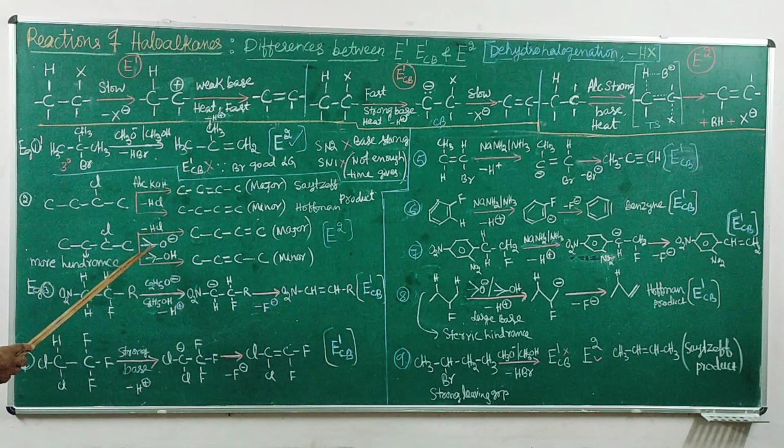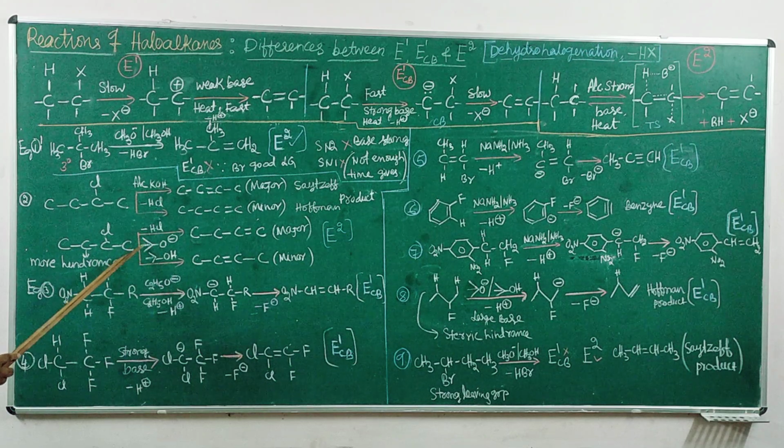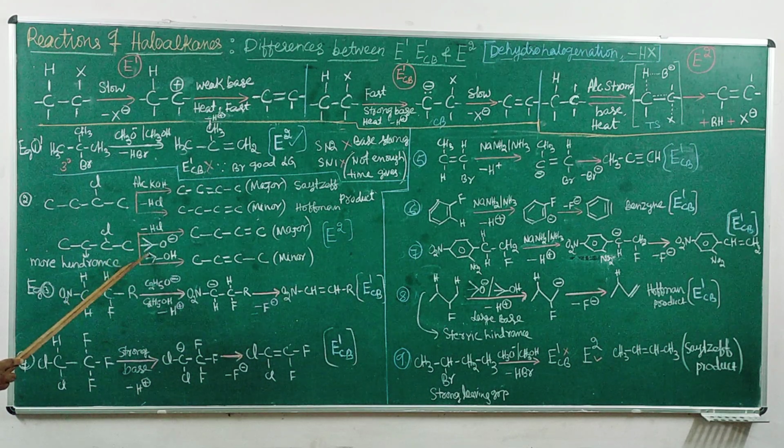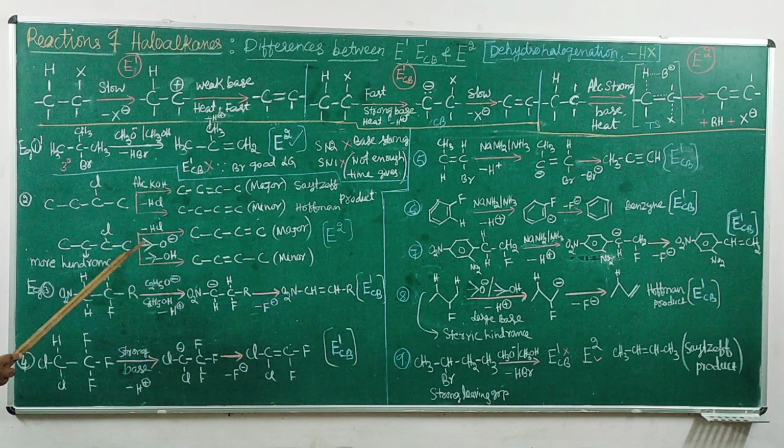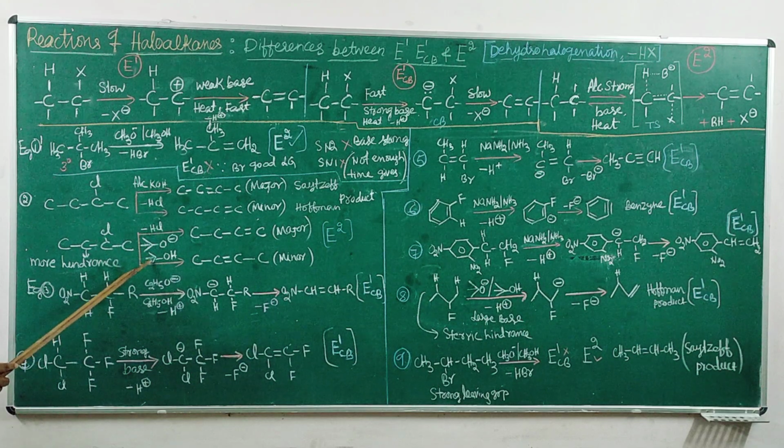Now if the base is this, look, the base is more crowded, that is more steric, a bulky group containing a large base. So here no bulky group, here a bulky group is there, CH3CH.